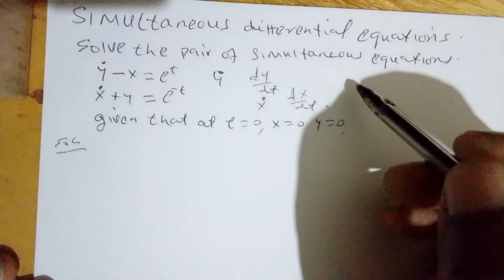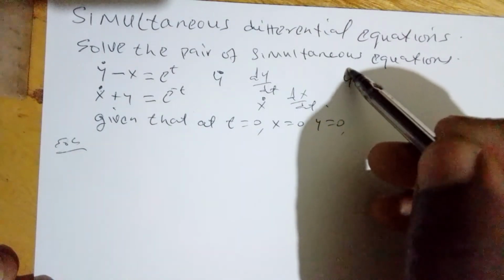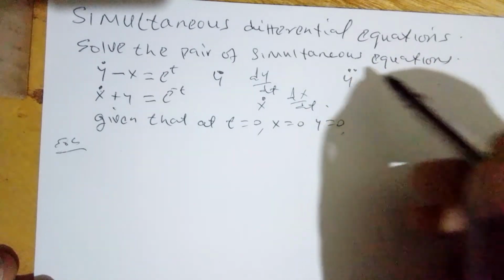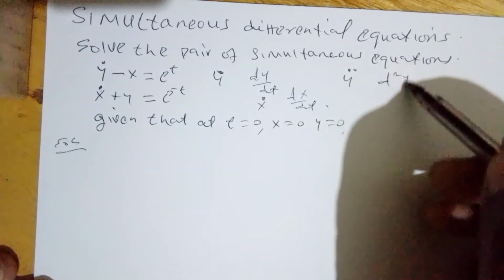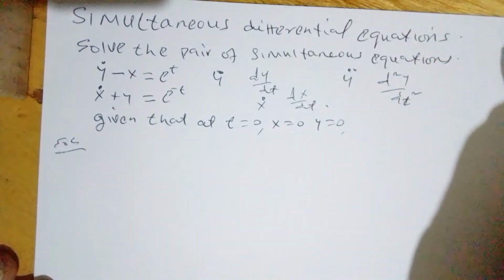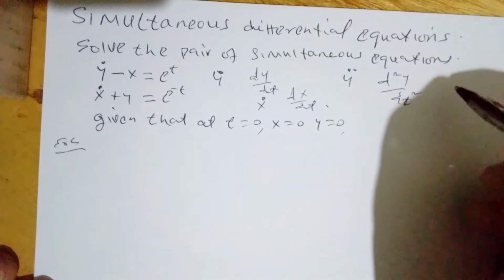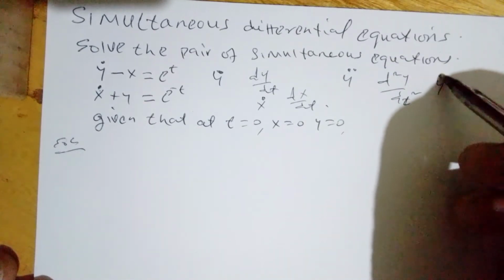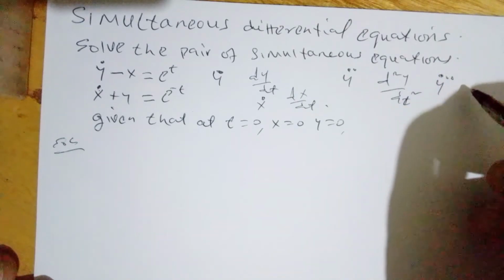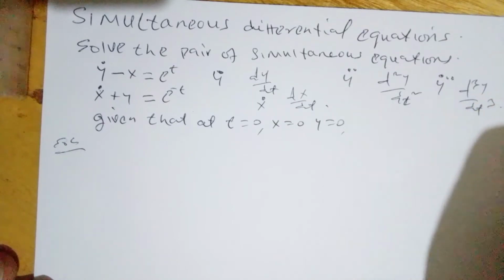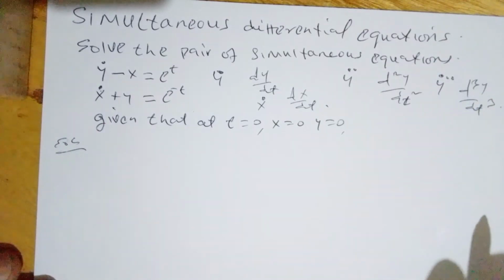Sometimes you can be given something like y double dot, which is the same as d2y/dt squared. And if it's given, for example, y triple dot, then this is the same as d3y/dt cubed, etc.